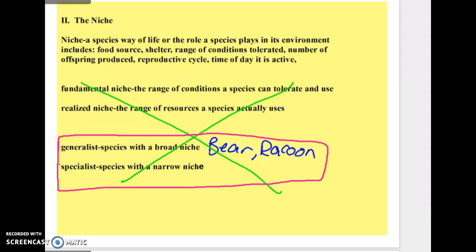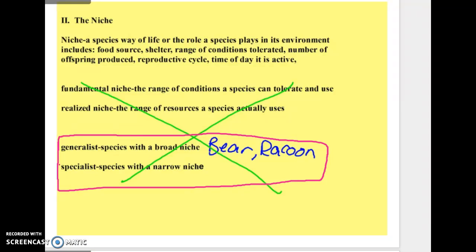Just because when we talk about the range of conditions that an organism can occupy, some organisms have a really, really narrow niche, if you will. Maybe they only eat one type of food or a couple types of food, and they're very, very selective.